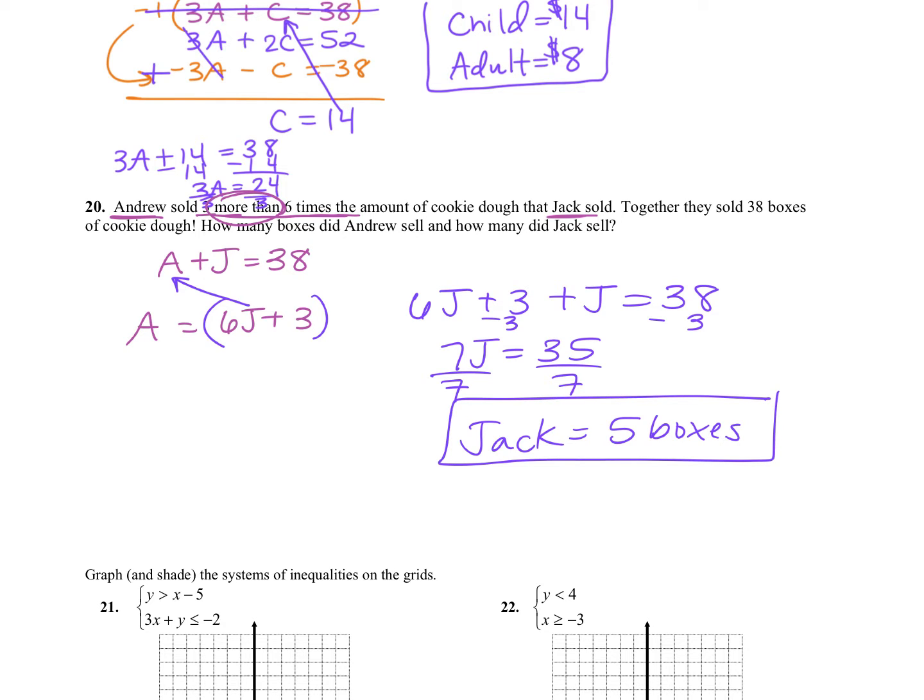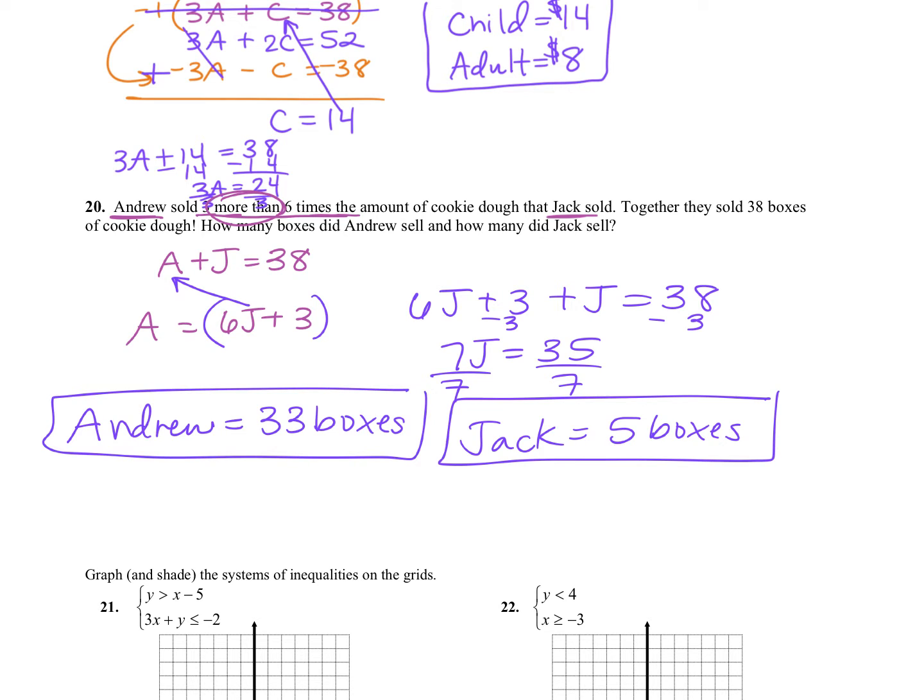Okay, which means Andrew sold what? Sold 33 boxes. Right, you're just plugging that 5 right here. So A plus 5 equals 38. Take away the 5.